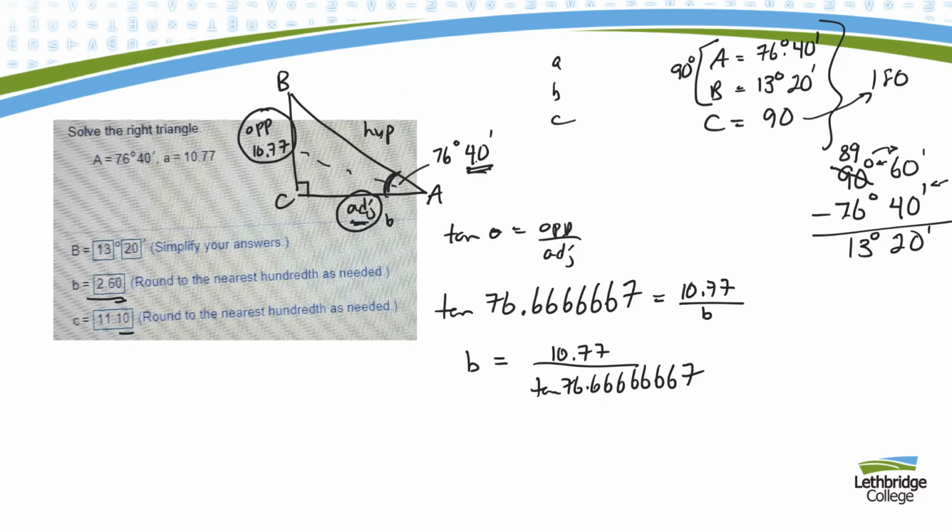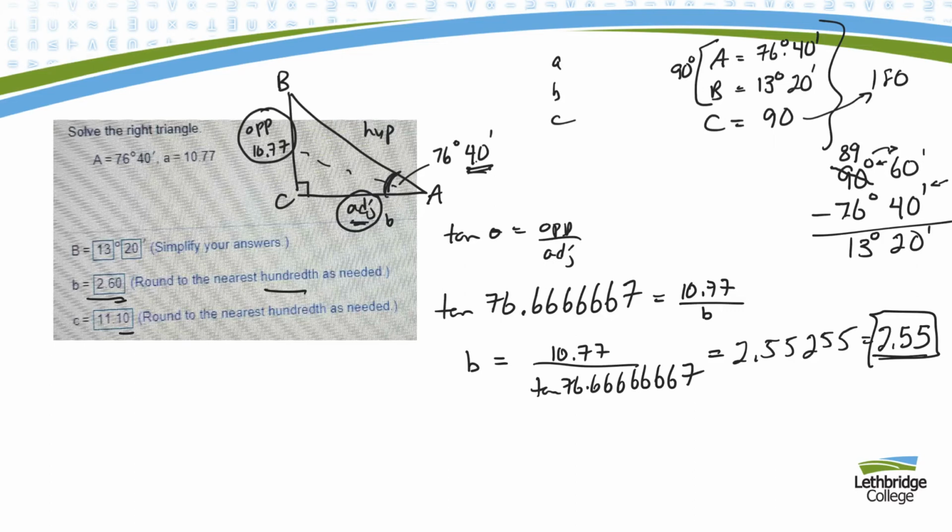When I do that, 10.77 divided by the tangent of 76.666 with a bunch of sixes, the B I come up with is 2.55255. So if I'm rounding it to the nearest hundredth, I would write that as 2.55. I tried putting some extra sixes in there, and it changes the numbers way at the end, but it won't change these two. So 2.55 for that one.